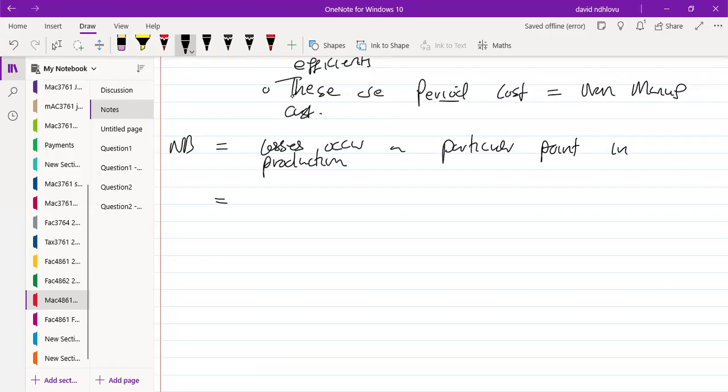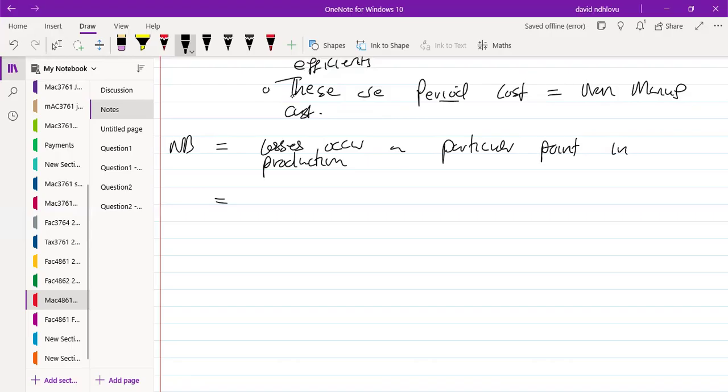Obviously you can't check units for quality at every stage of production. Maybe you check halfway through production, which means your quality check is at the 50% stage. That's when you check the units being manufactured, and the ones that have defects you put on the side, which means they represent a loss. But the question will tell you at what particular point you are going to have your quality check.